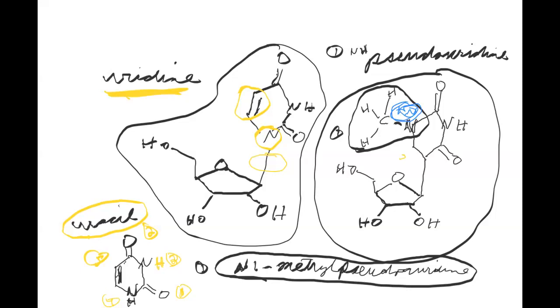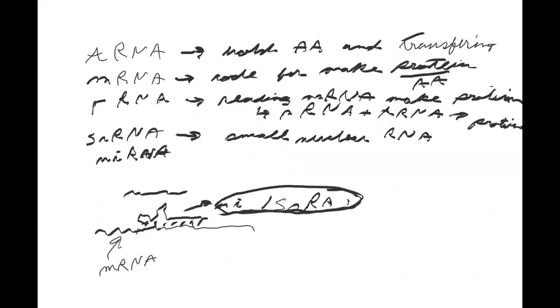Then I explained the differences between the tRNA, the messenger RNA, the ribosomal RNA, and the small nuclear RNA, and did a little bit on the microRNA, and basically what those functions were.